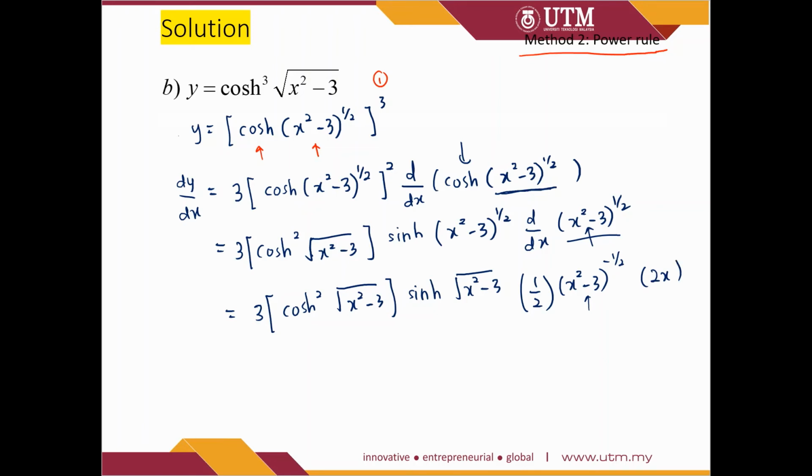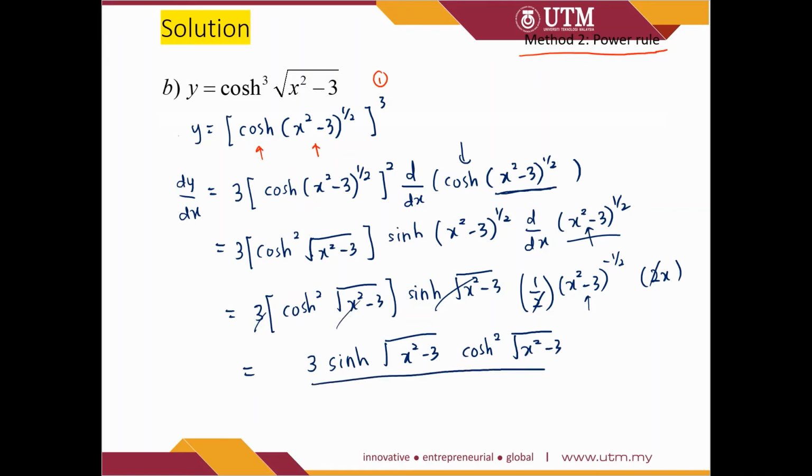Alright, we have completed this, so we can simplify it. It will be x. And now I'll just rewrite this: sinh of x squared minus 3, and then cosh squared of x squared minus 3, and the last one is over the square root of x squared minus 3, and the last one is times x. So this will be our final answer.